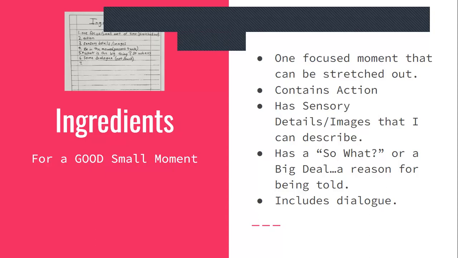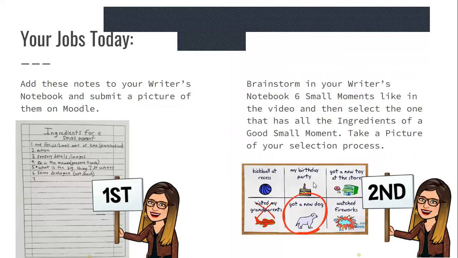You need to copy this here that has the list of 5 things that make a good small moment. And then you need to draw 6 ideas for a small story and label them. And then you need to pick which one you want to write about.